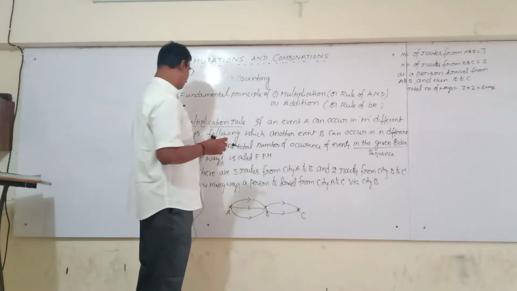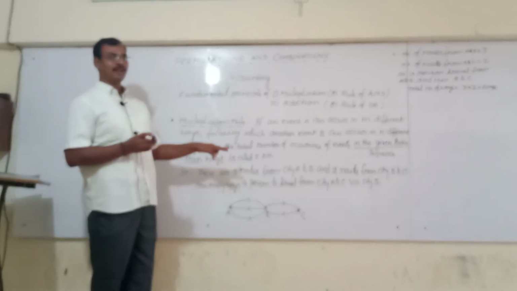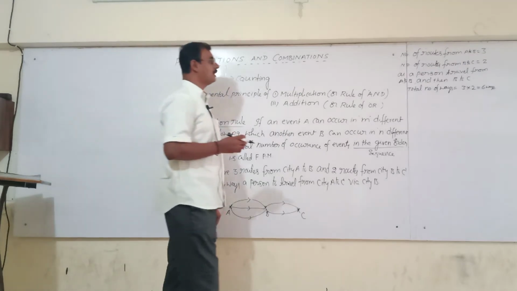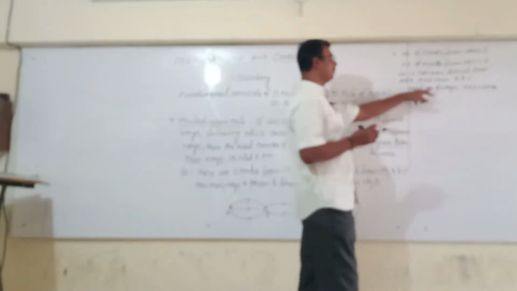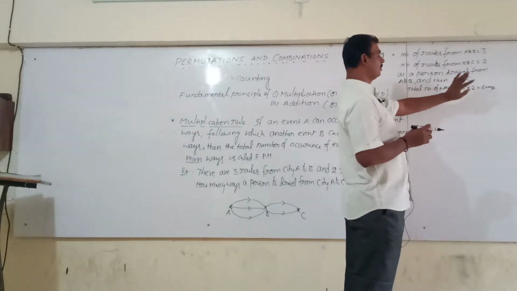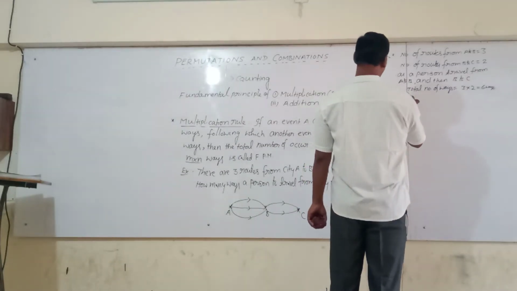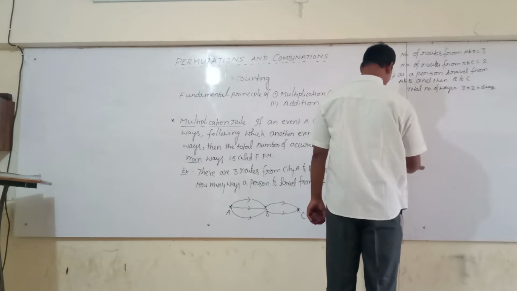Do I add or multiply? We have to multiply, that is 3 into 2 is equal to 6 ways. Okay, for the sake of understanding, I will take one more example.